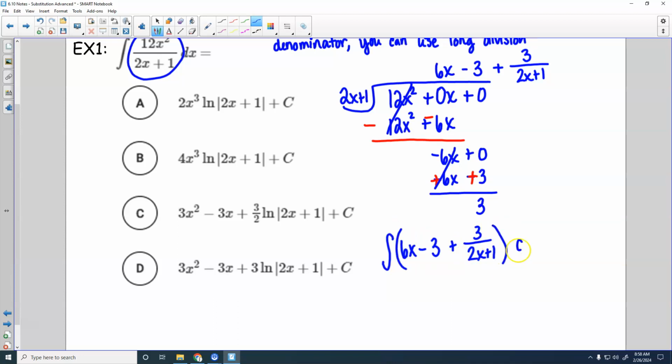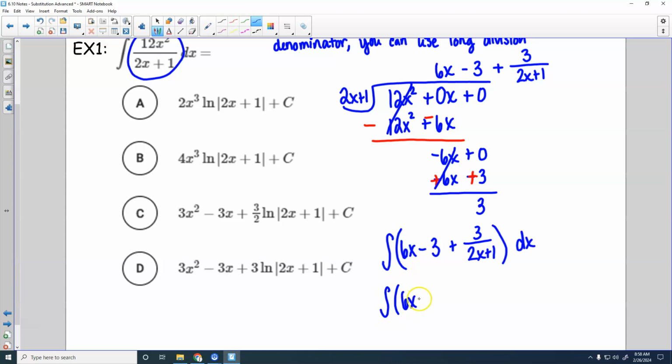That whole thing will have a dx at the end of it. Now, these first two, when I integrate, if I have things separated by plus or minus signs, I can integrate them separately, right? So 6x and minus 3 are just straight power rule problems, right? Essentially what I'm doing is I'm breaking this into two parts.